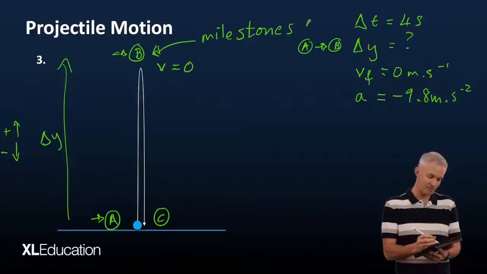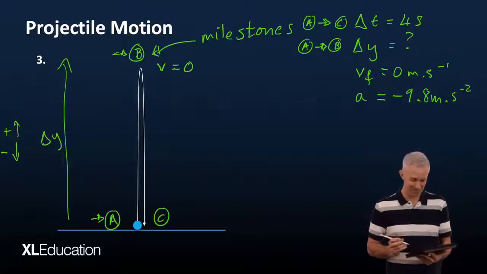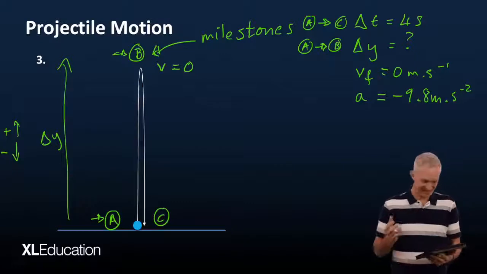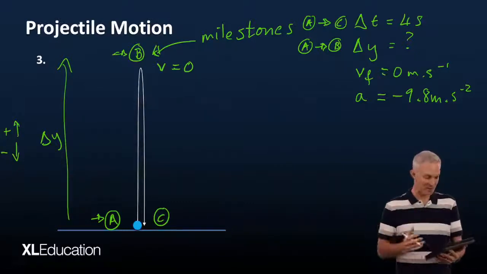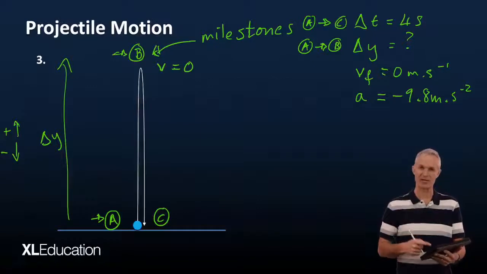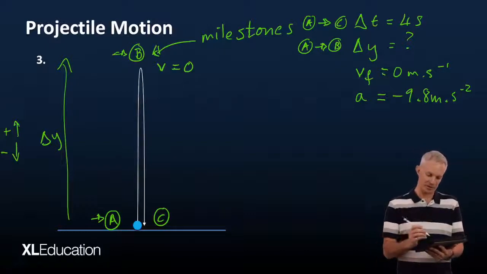That is in fact from A to C. Whoops, I've just put tomato sauce on my ice cream. So you can't use that 4 seconds in the formula. What are we going to have to do with it? Well, the 4 seconds was for the entire journey. So if we want it from A to B, which is halfway, you can immediately say, for this particular question, I'm just going to put full over there.